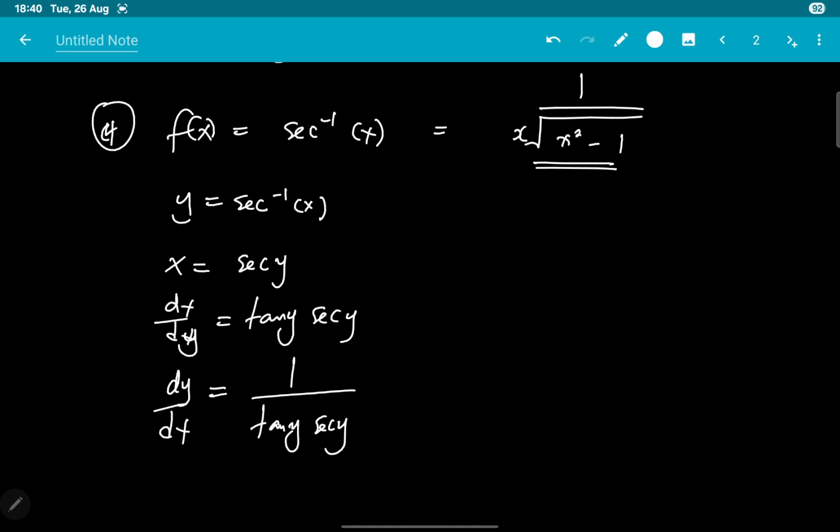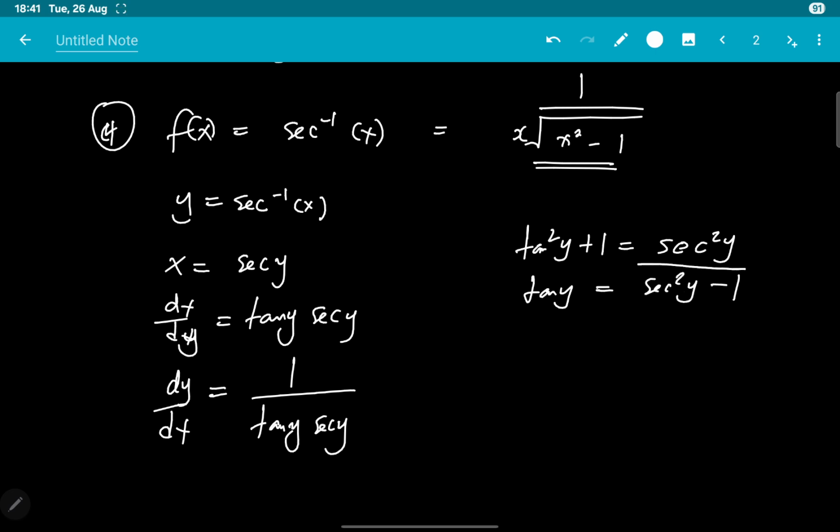Again, the relationship here matters. Which relationship are we going to involve here? The relationship for tan. Tan squared y plus 1 is equal to sec squared y. You recall, right? If I make tan the subject of the formula, this will be equal to the square root of sec squared y minus 1, which is plus or minus.